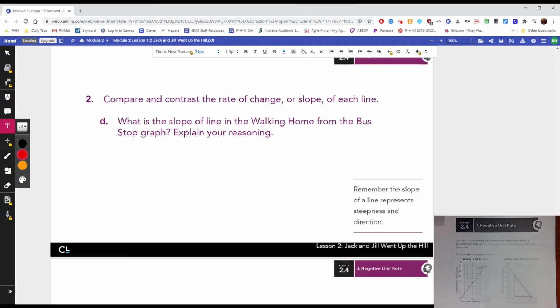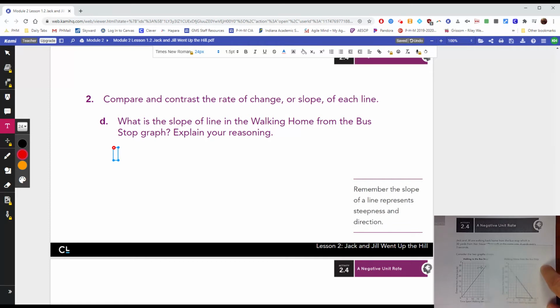Part D, what is the slope of the line in the walking home from the bus stop graph? Well, I notice that the triangle matches, all it took was a reflection and it matches, so I know the steepness is really the same. It's just going a different direction.